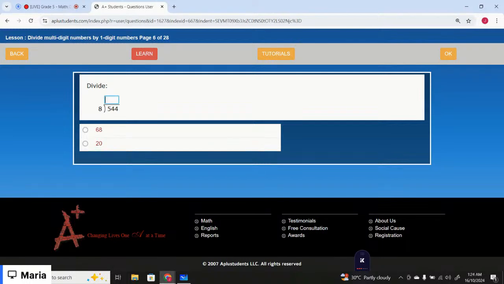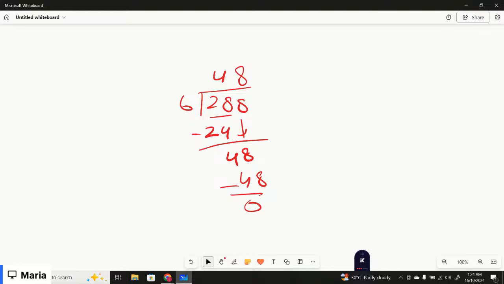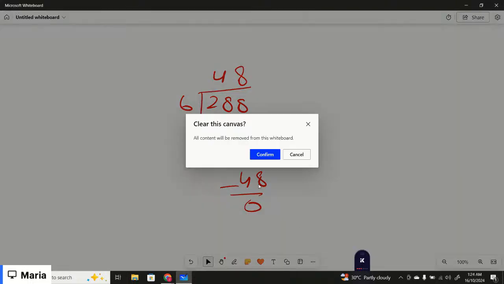544 divided by 8, which is the correct option? So you need to count the table of 8 until 54. So you can go for 8 times 6 is 48, right?